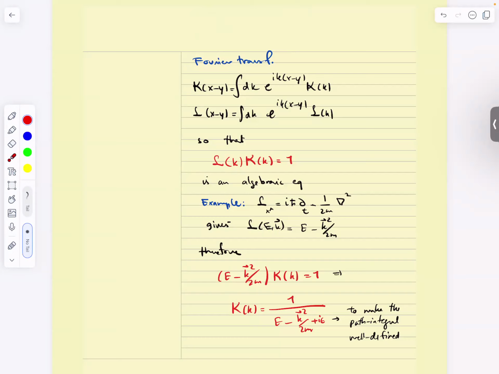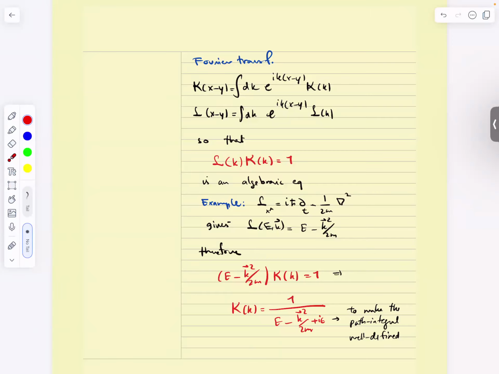How does the story change in the relativistic case? You have the Klein-Gordon operator. Your propagator is the green function for the Klein-Gordon operator. The Fourier transform of the Klein-Gordon operator is precisely this on-shell condition we've been talking about. So the on-shell condition, k squared minus m squared, acting on the green function is 1.